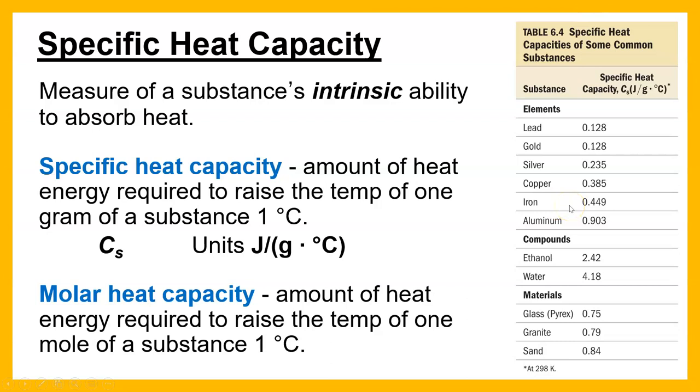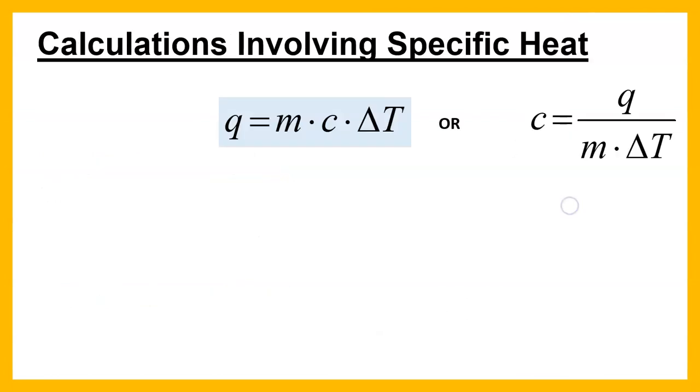Molar heat capacity would be the energy to raise 1 mole of substance by 1 degree Celsius. We would functionally do things the same, we just would be using mole values instead of grams. We have our MCAT equation. One thing that will pop up often in this class is that some people, like me, prefer to take the normal equation, put all my numbers in, and then rearrange it. Some people prefer to rearrange the equation first and then plug in their numbers.